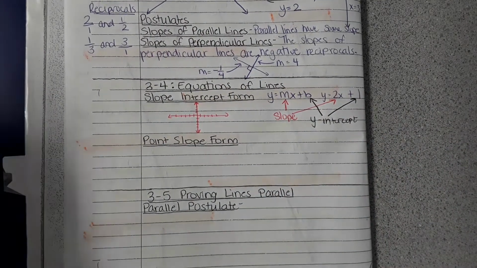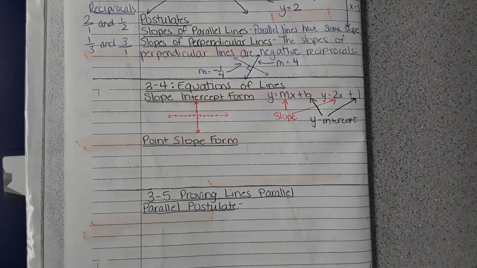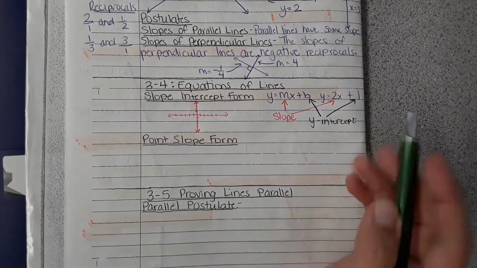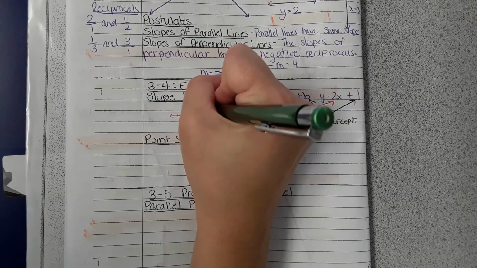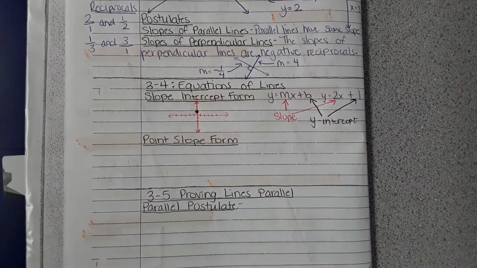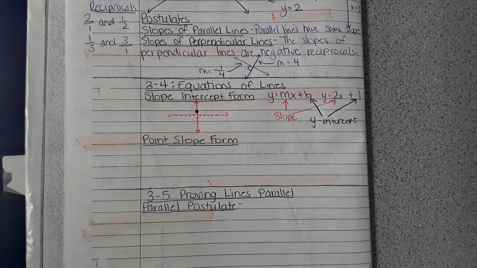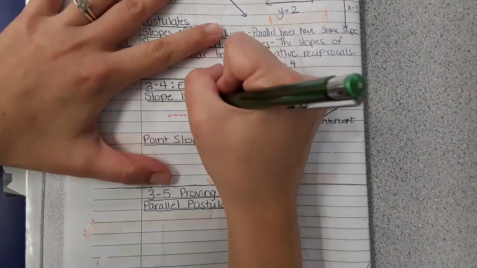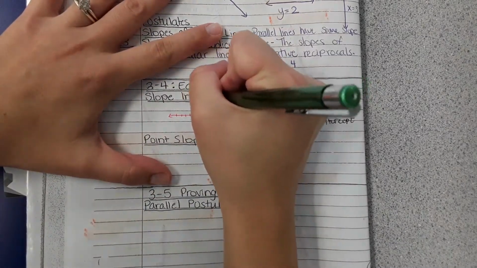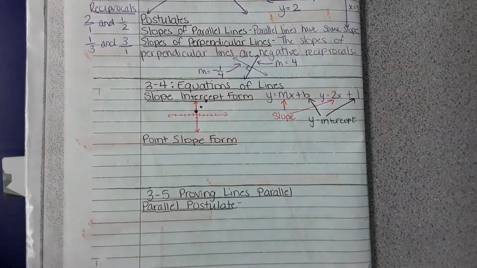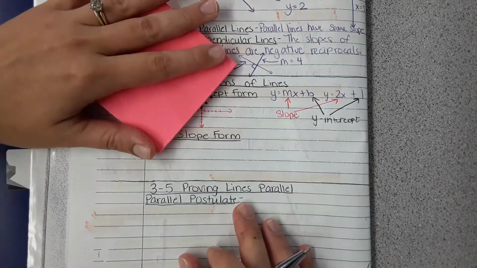There's a coordinate plane. So our y-intercept in this equation is 1, so I'll just put a dot on 1 on the y-axis. And then the slope is 2, so that means we go up 2 over 1. You can continue the pattern to graph more of the line, but once you have 2 points, you can draw the line.